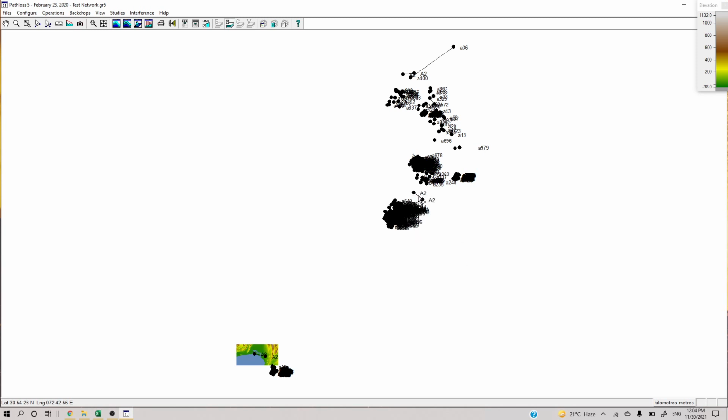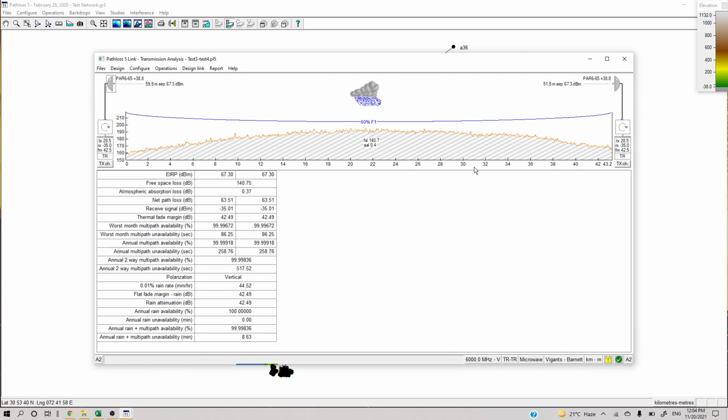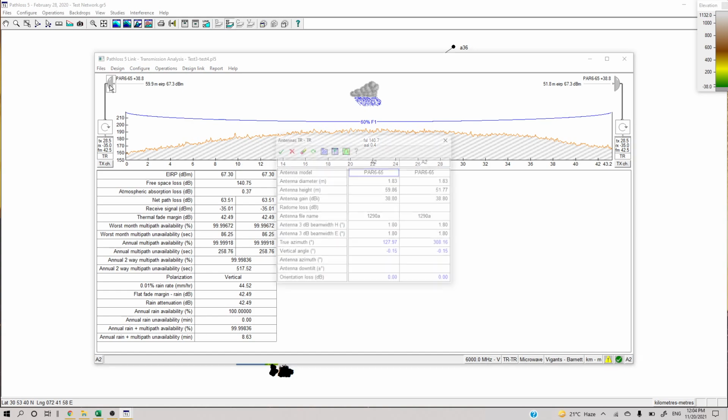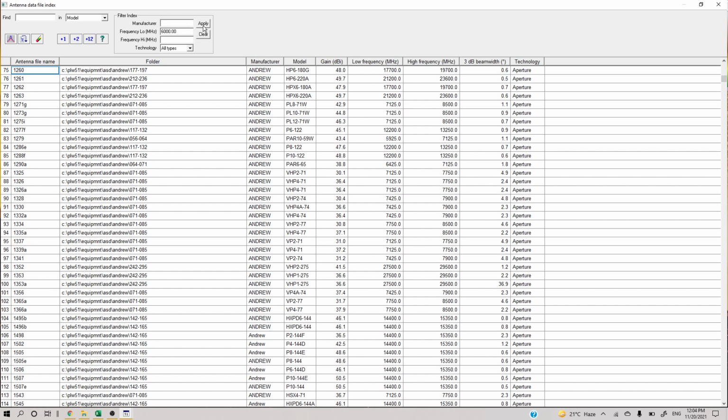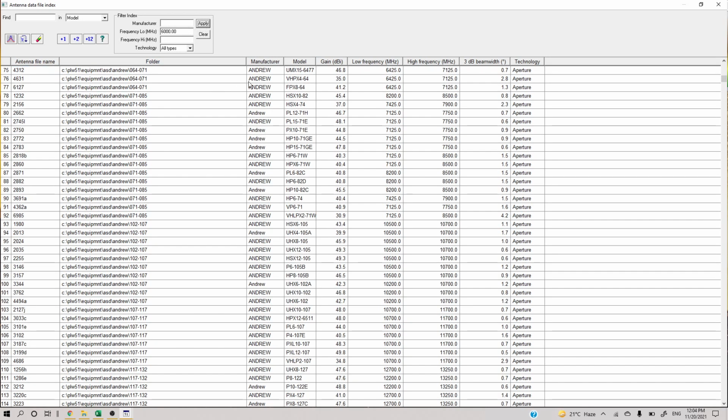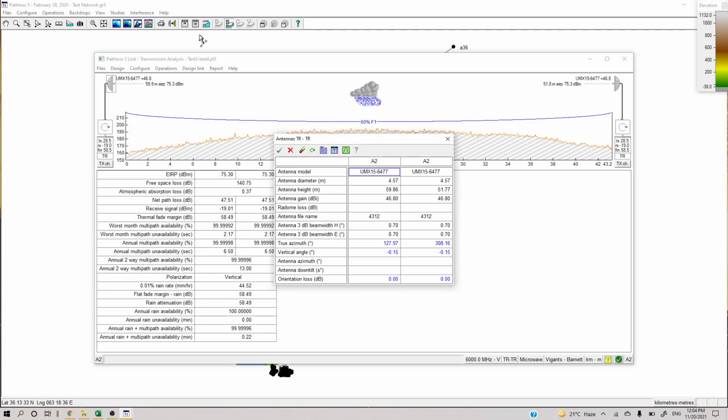Now this was our second link. This is on a plain area. Now here also you see that I have taken a bit smaller dish. Let me take a big dish because I want all the links to be the same.